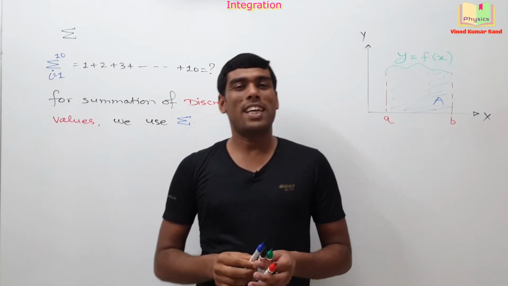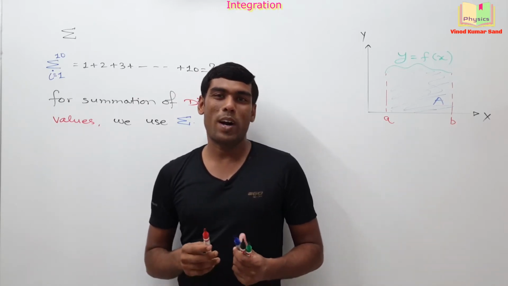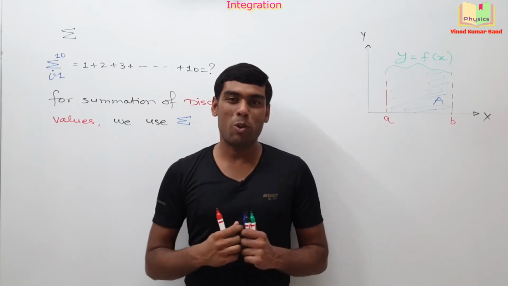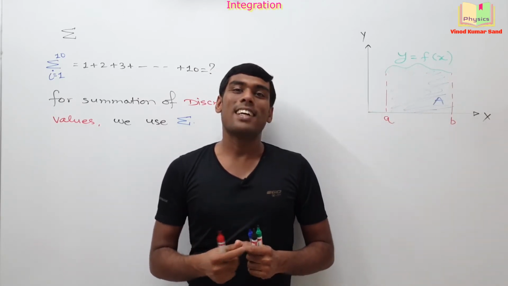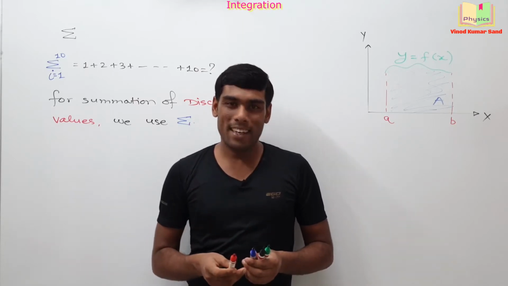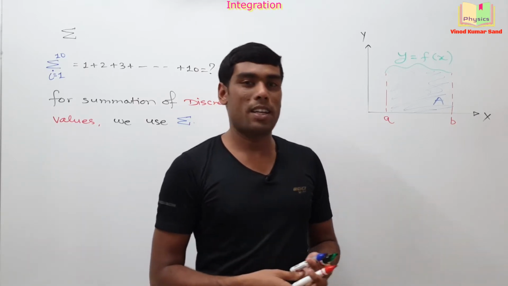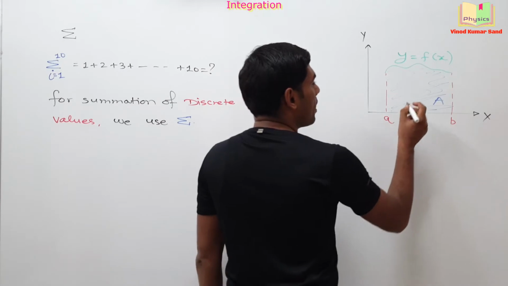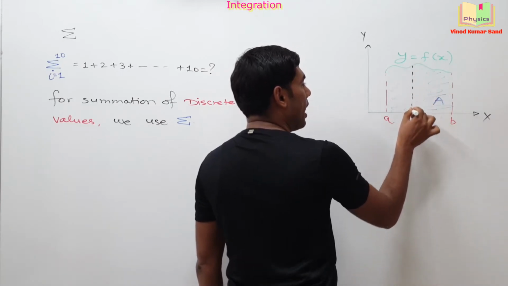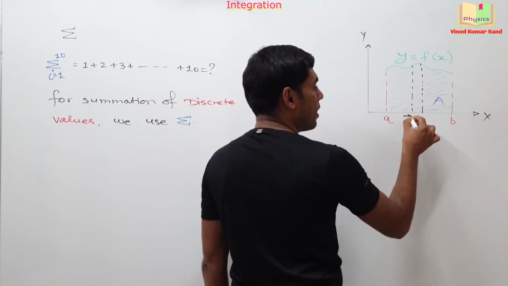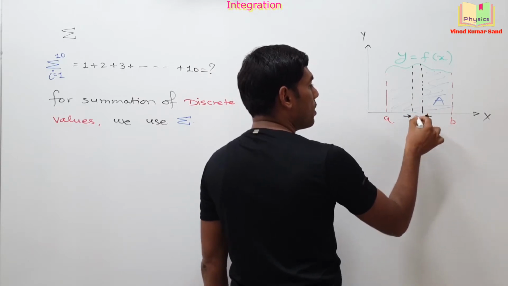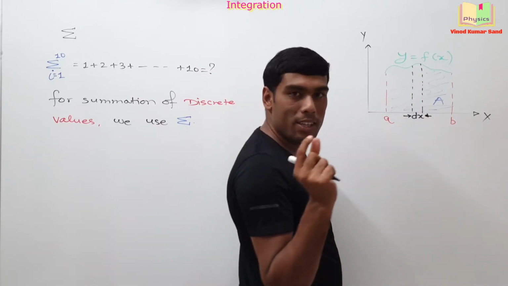If I ask you the area of triangle, rectangle, square, trapezium, you know the formulas. But this area is a bit different. It can be obtained using the integration. How? Let's pay attention. Suppose you take an elemental strip of width dx here. Actually, this dx width is infinitely small.